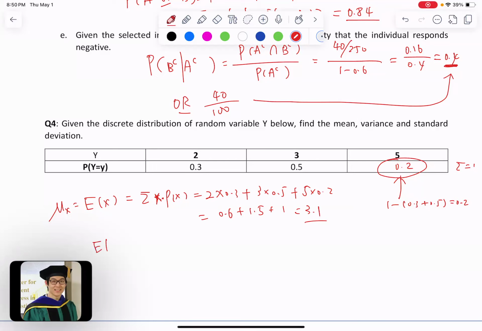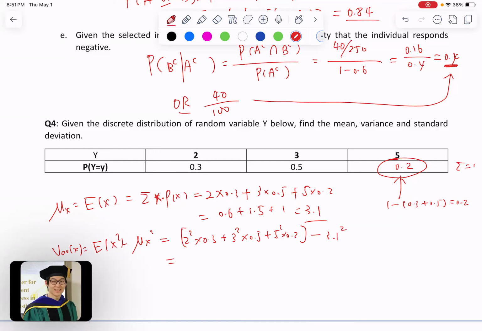Expected value of x squared minus mean of x squared. That's gonna give us the variance, right? So x squared. So 2 squared times 0.3 plus 3 squared times 0.5 plus 5 squared times 0.2. Right, that minus mean, which is 3.1 squared.